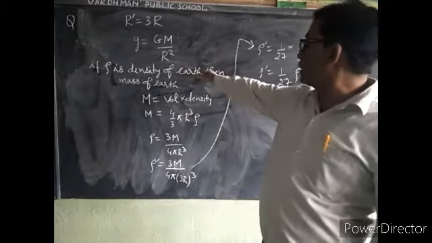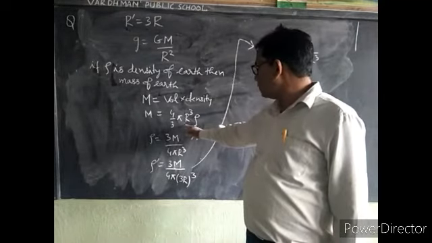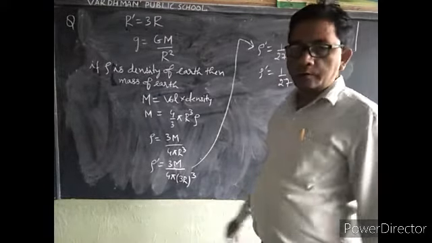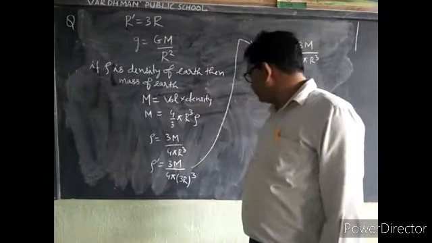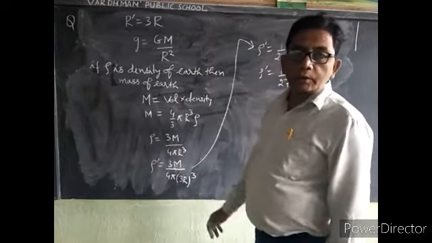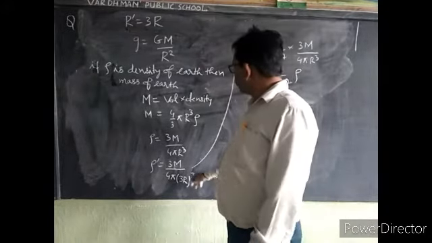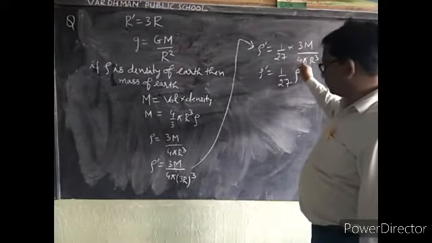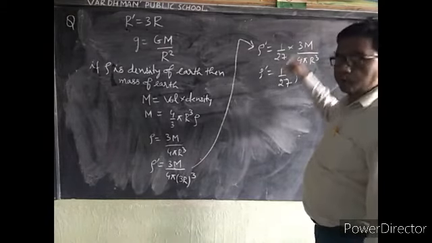If rho is the density of the earth, then mass is volume into density, that is 4/3 pi r cube rho, so rho is equal to 3M upon 4 pi r cube. Now if the radius is 3 times, r dash is equal to 3r, then it becomes (3r) cube, that is 1/27 into 3M upon 4 pi r cube, which is equal to rho dash.